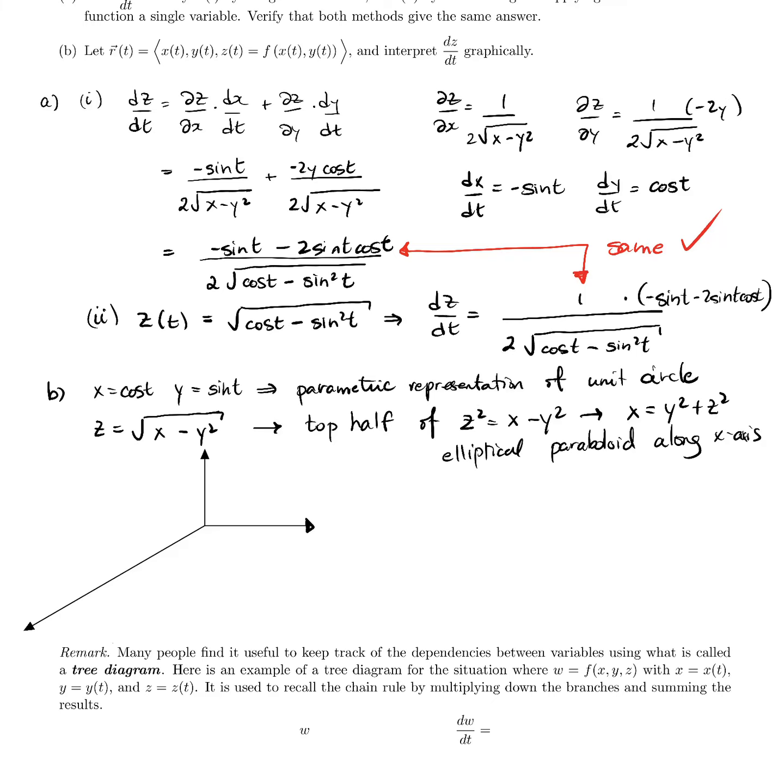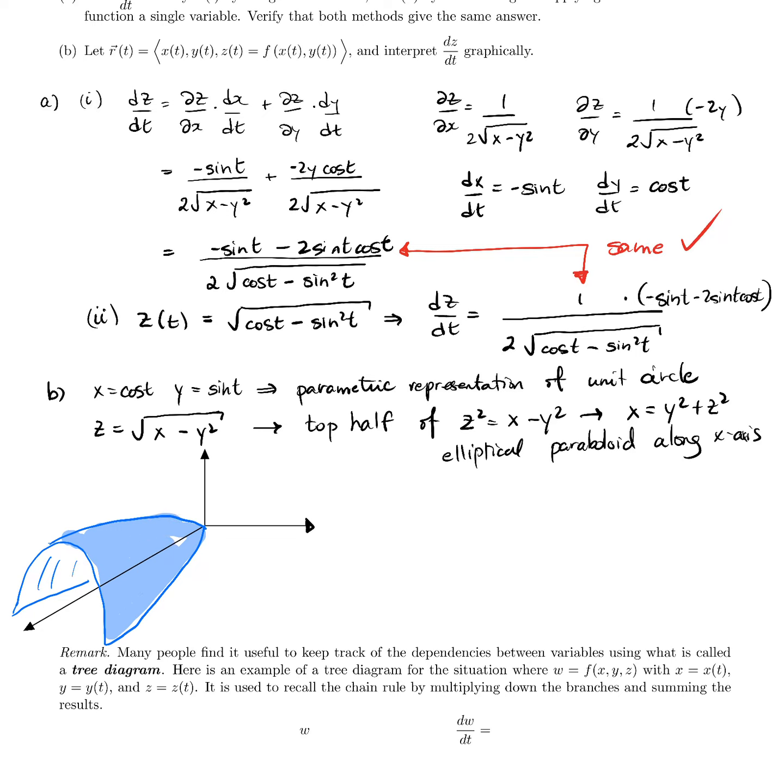Give myself a bigger one here. So this, oops, technical difficulties. This one looks maybe something like this. And we have it coming back down to the origin and give this guy a little bit of shading here. So there is our paraboloid, just the top half of it.